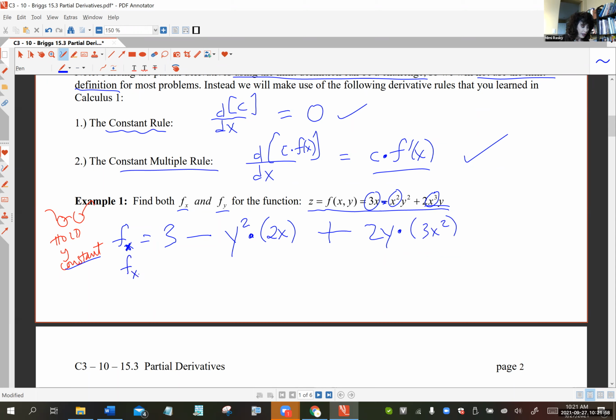And by the way, since fx is itself a function of two variables, let's use the notation fx(x,y). So anybody looking at that goes, oh yeah, even the partial derivative fx is a function of x and y. So it's going to be equal to 3 minus 2xy squared plus, and then the last term, 2 times 3 is 6. And it's customary to write your x's and y's in alphabetical order. And we're done. There is your first partial of f with respect to x. Yay!